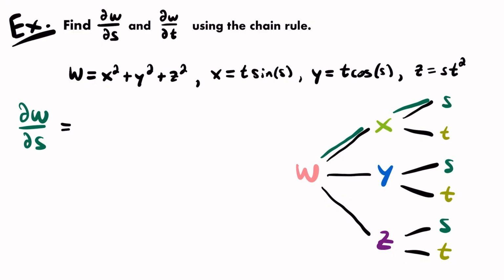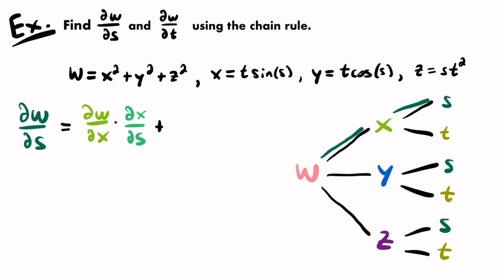And that is a partial, not a regular derivative, because we have a choice here. We could go to s or t from x. There's not just one derivative that we could take, there are two different ones that we could take, so they are partial derivatives. All right, so we have the partial of w with respect to x multiplied by the partial of x with respect to s.